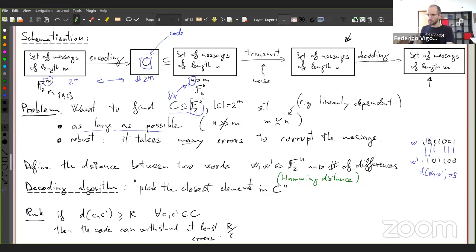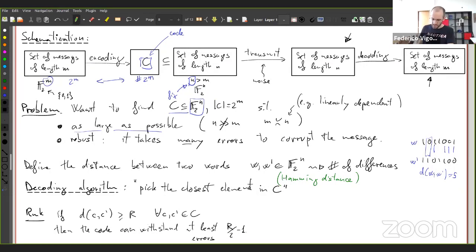Because each error is going to flip one bit, and so it will increase the distance from the original word by 1. And so if you only make r/2 errors, well, actually r/2 minus 1. If you make less than r/2 errors, it means that the closest point inside C is precisely the point you were starting with.